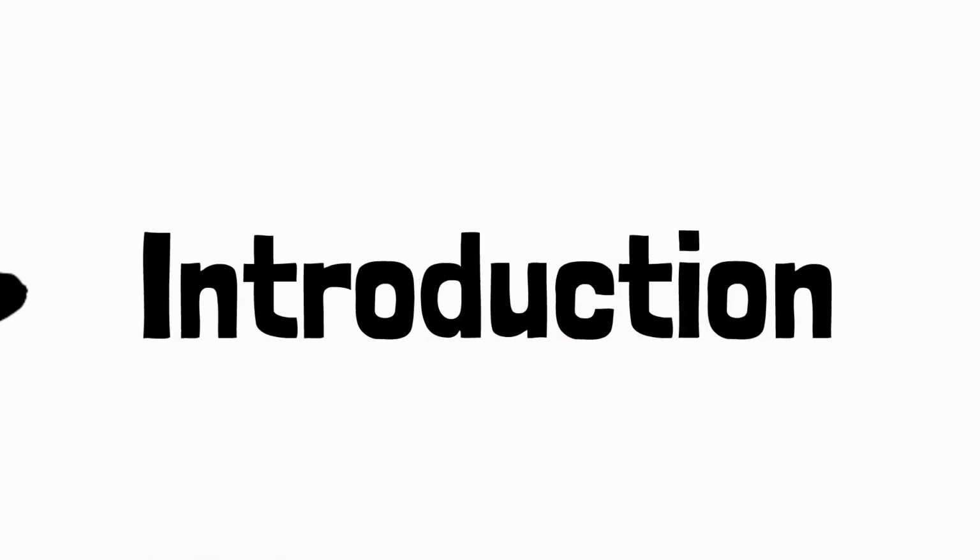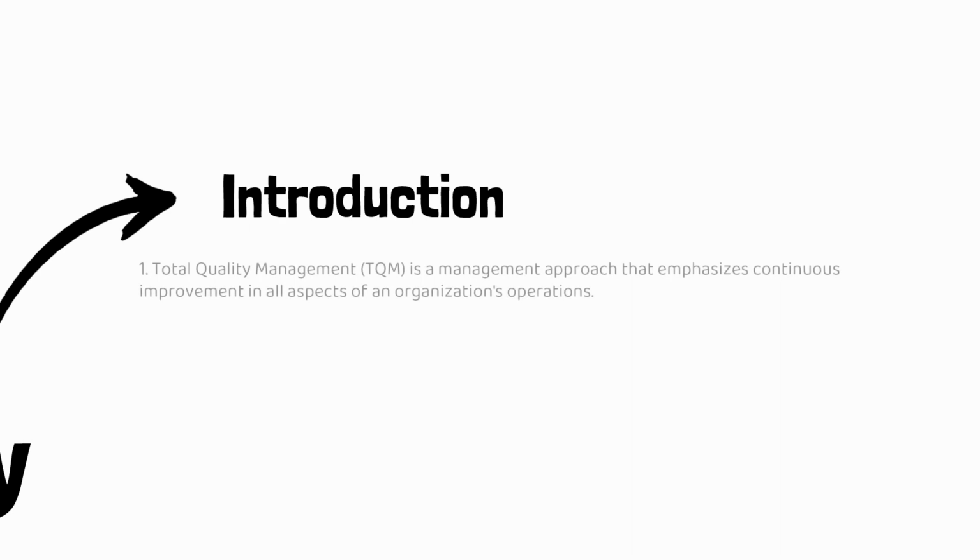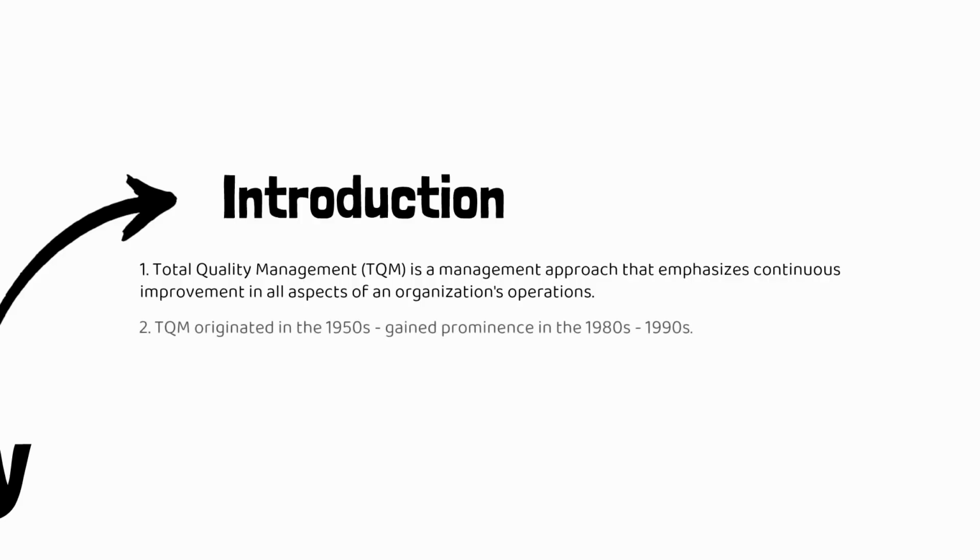Total quality management is a management approach that emphasizes continuous improvement in all aspects of an organization's operations. Total quality management originated in 1950 and gained popularity in 1980 and 1990. There are three principles of total quality management.